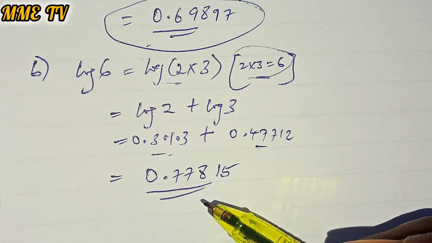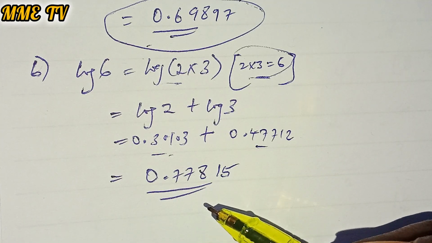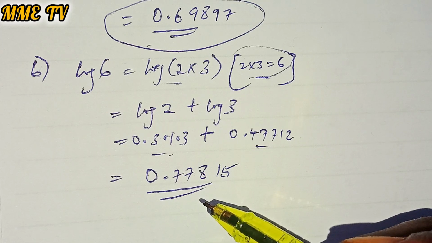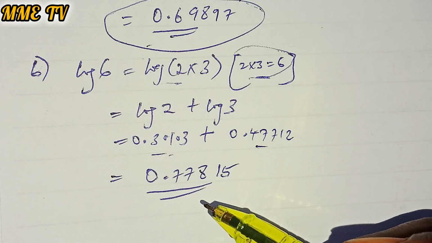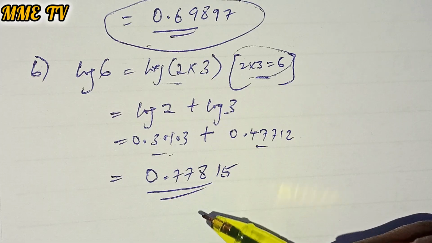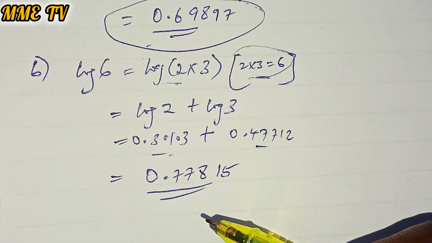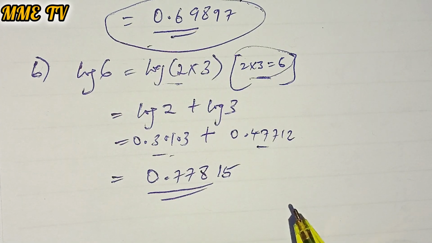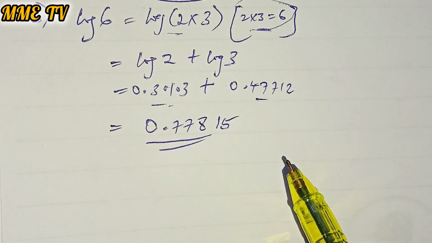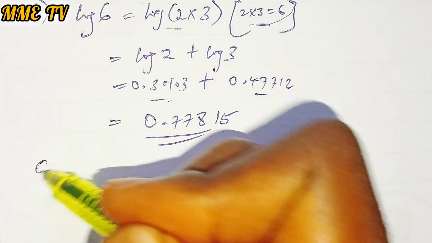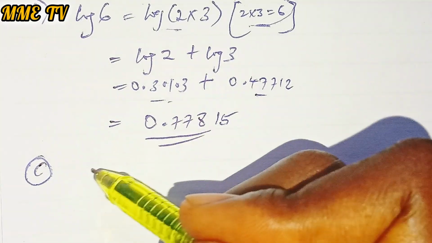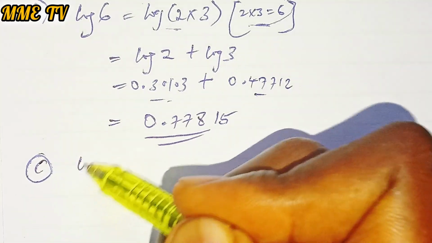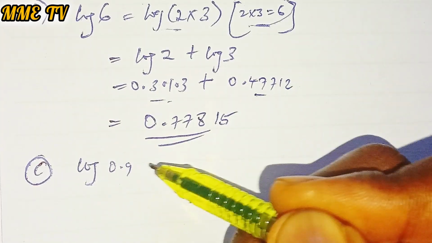And again, in trying to make our minds equal to the speed of a computer, or trying to make it faster to understand this, we need to be simplifying and solving them using our heads, not using a calculator. Okay, now we are going over to the third one, part C, where we are asked to find log 0.9.